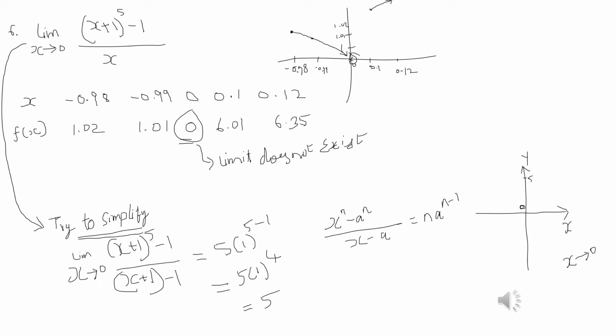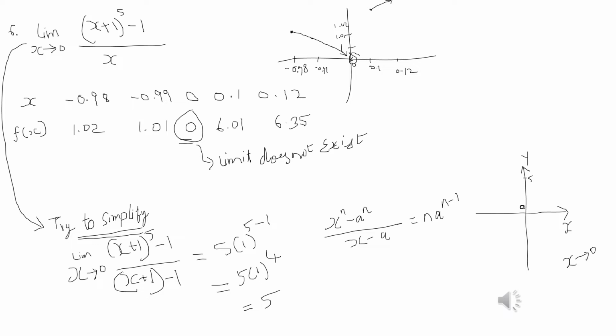Question number 6. Here is where the game starts. The limit as x approaches 0 of the function x plus 1 to the power of 5 minus 1 divided by x. When substituting the x values, randomly I chose to substitute from minus 0.98 to minus 0.99, and the positive values are 0.1 to 0.12. When we substitute it, it approaches 0 by 0.